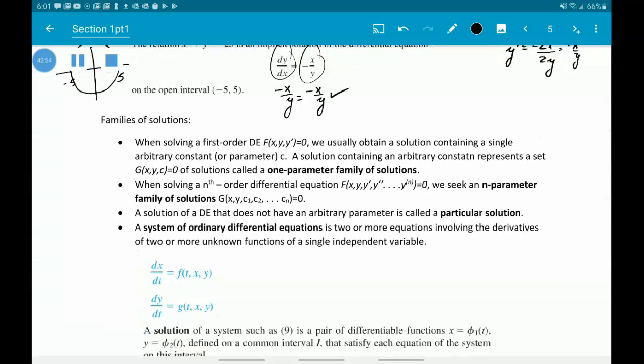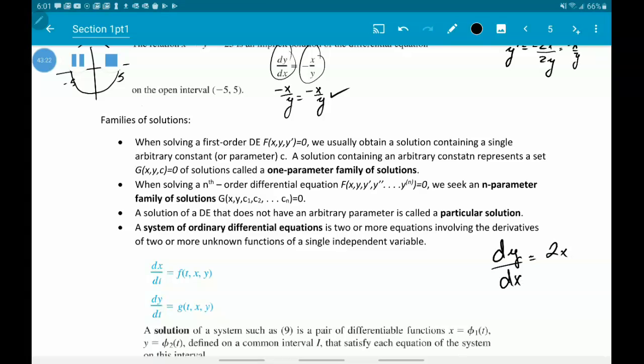So let's talk about families of solutions. We know when we solve a differential equation, we usually get things written in terms of something plus c. Think about Calc 1 when you were integrating something and you ended up with a plus c. You actually solved some really basic differential equations back in Calc 1 by using what's called separation of variables. Your instructor just may not have told you that.